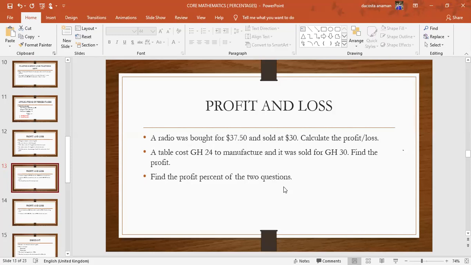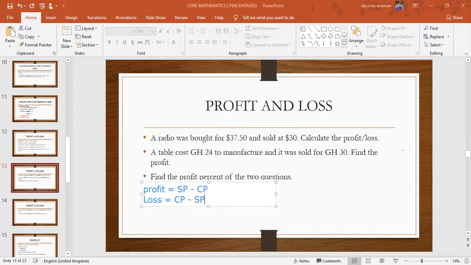So as I said, profit is selling price minus the cost price, and loss is equal to the cost price minus the selling price. Because in profit, the selling price is more than the cost price, and in loss, the cost price is more than the selling price.